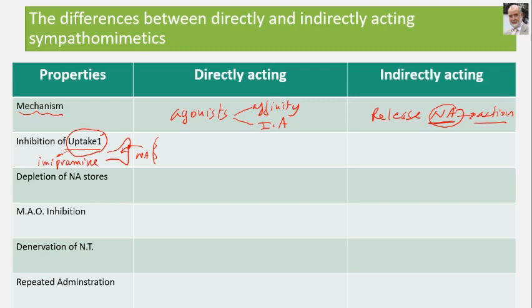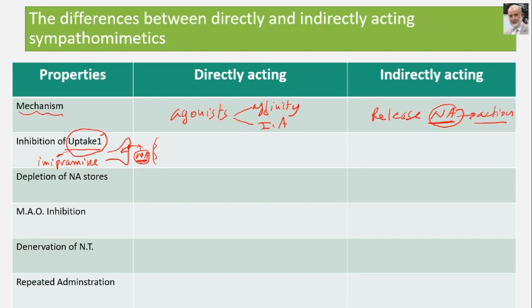So what will happen in this case? If we inhibit the uptake of noradrenaline, what will happen to the action of directly acting sympathomimetics like noradrenaline? Of course, in this case, it will stay longer at the synapse because it will not be reuptaken, which we said is the physiological inactivation of noradrenaline.